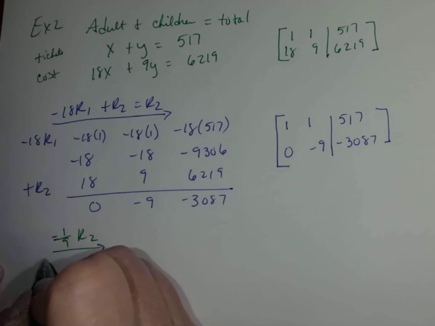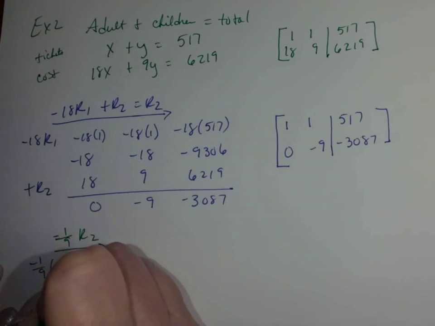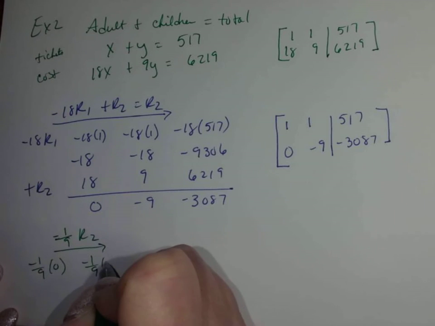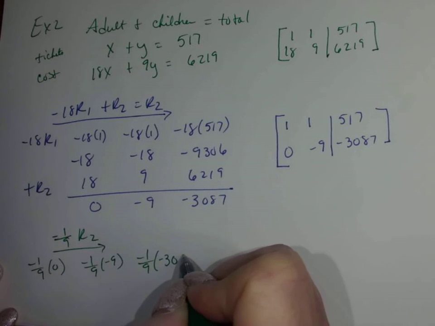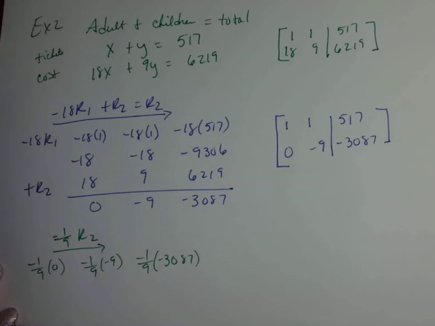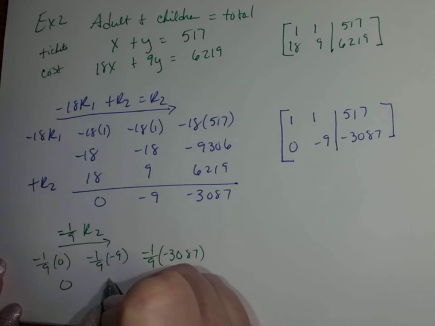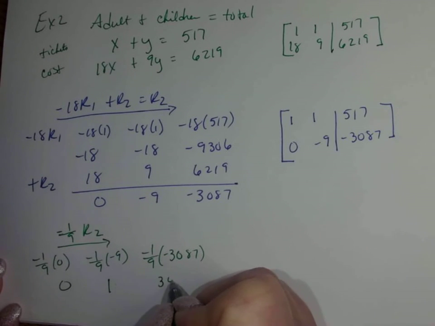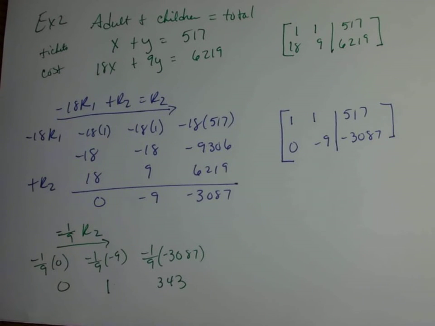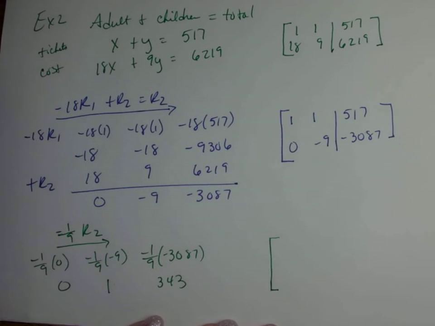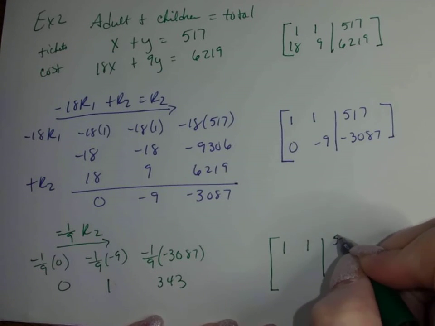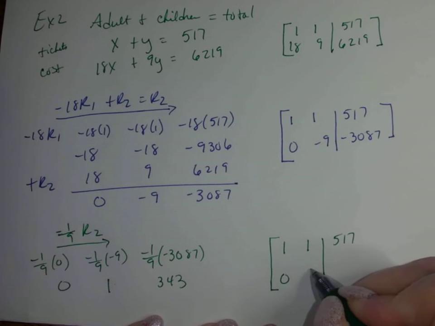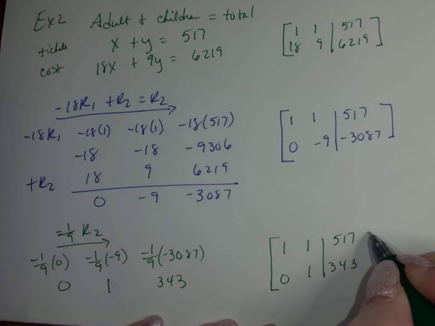So now we'll have negative 1/9 times 0, negative 1/9 times negative 9, and negative 1/9 times negative 3,087. That'll get us 0, 1, and 343. And we rewrite our matrix. So this will get us, still row 1 is the same, and row 2 is 0, 1, 343.